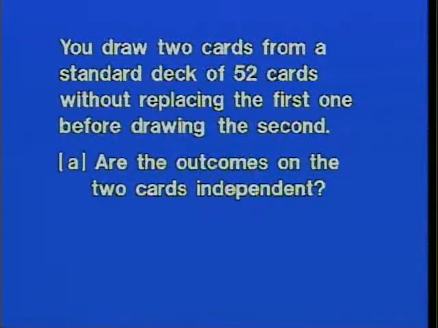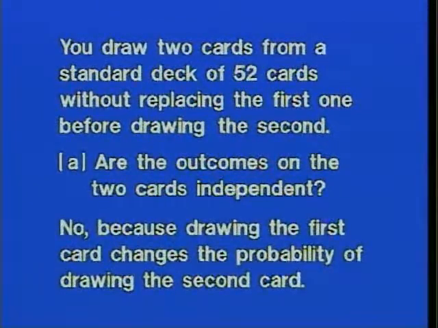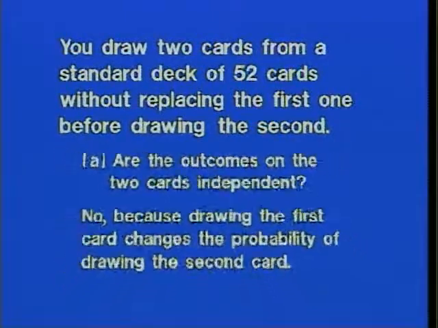That is, the happening of one event does not affect the probability of the happening of the other. And certainly if we're not replacing that first card, then we're changing the sample space for the drawing of the second card, and therefore the 2 events are dependent. So we would answer like this. No, because drawing the first card changes the probability of drawing the second card.